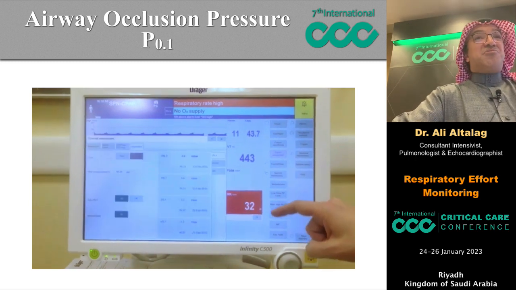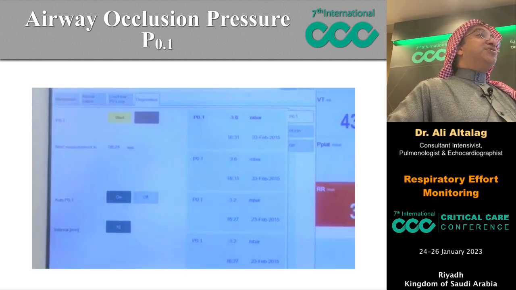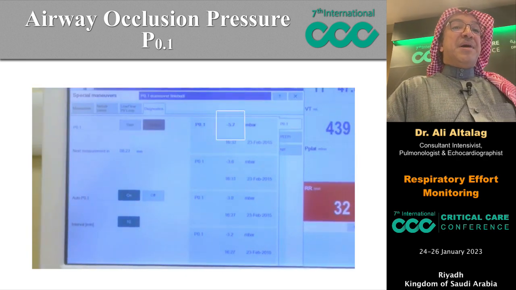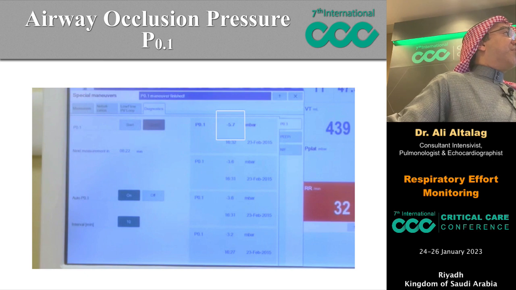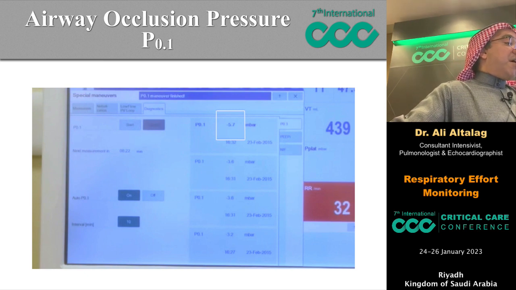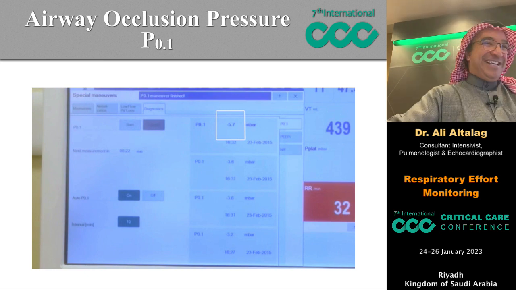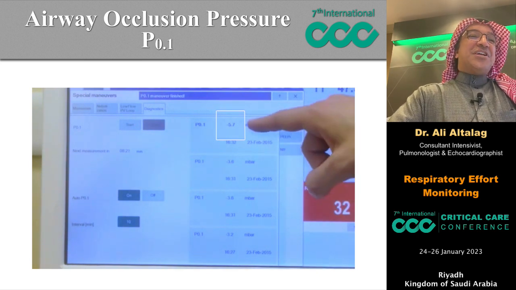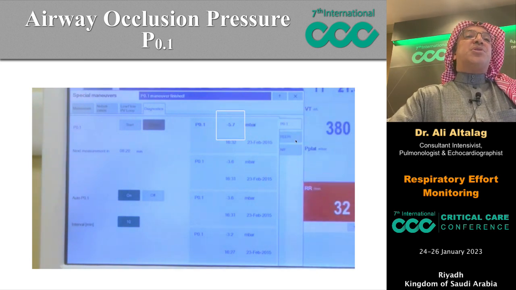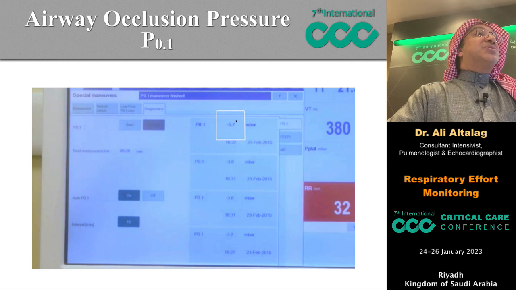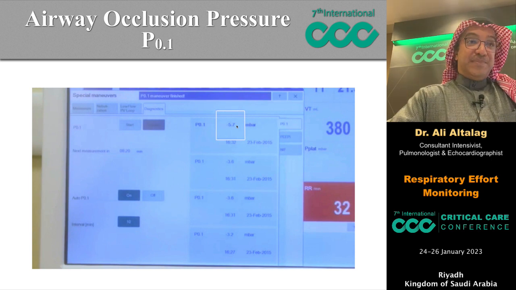Now, the operator here is going to remeasure P 0.1. So remeasuring P 0.1 showed that the number is extremely higher than it was before. So this indicates that the patient is having high effort.